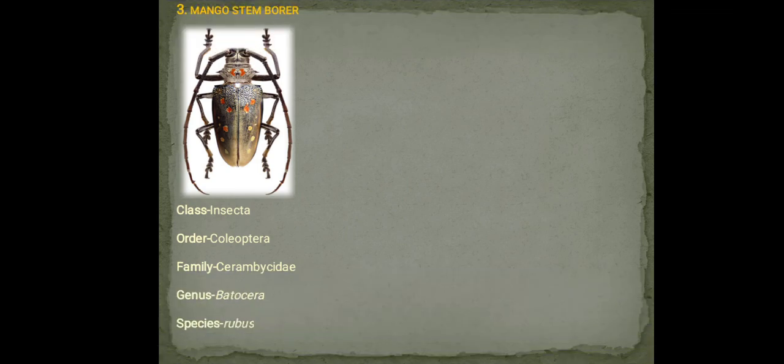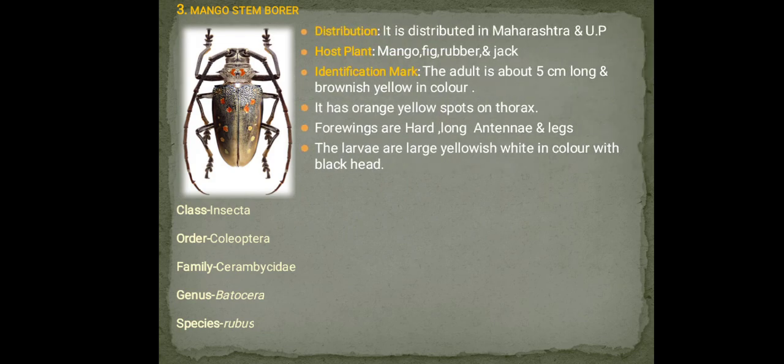Then we see the host plant of this mango stem borer. It is mango, fig, rubber, and jack. It is distributed in Maharashtra and UP. The identification mark of this mango stem borer is that the adult is about 5 centimeter long and brownish yellow in color. It has an orange yellow spot on the thorax.